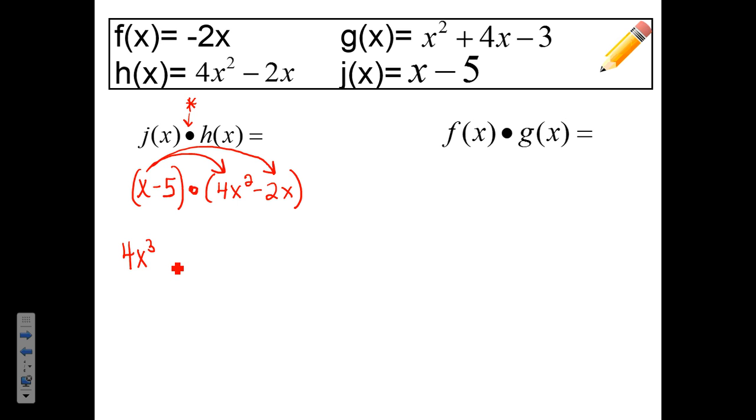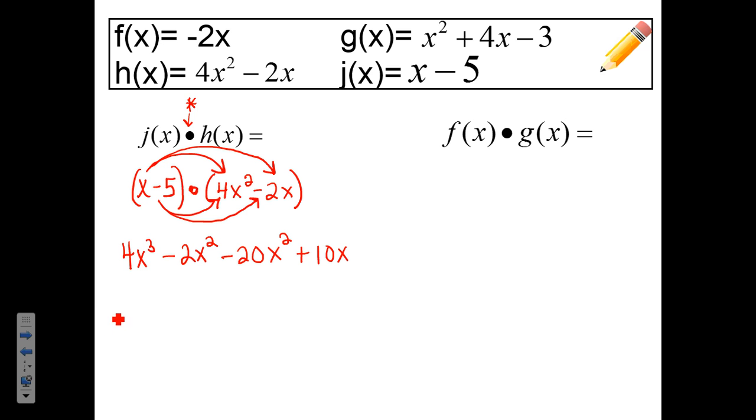That's x times negative 2x would be negative 2x squared. We're going to take this negative 5 times the first of the other one. Negative 5 times 4 is negative 20x squared. And negative 5 times negative 2x would be positive 10x.